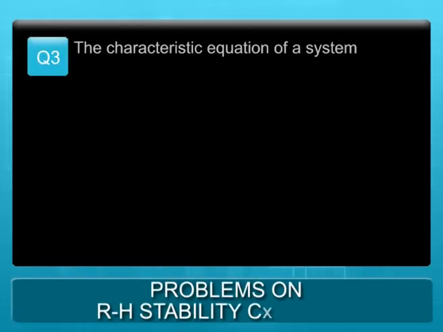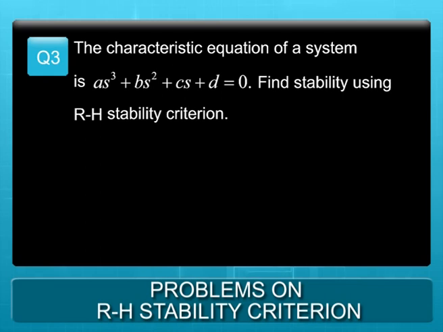Problem number 3: a s cube plus b s square plus c s plus d equal to 0. Find out the stability of the system using R-H stability criteria.